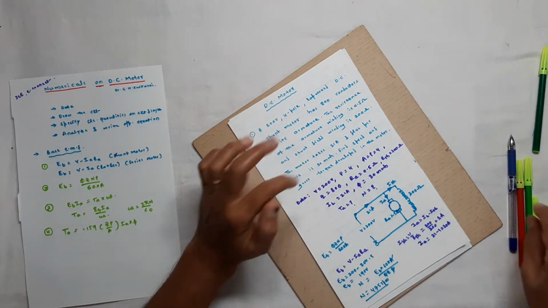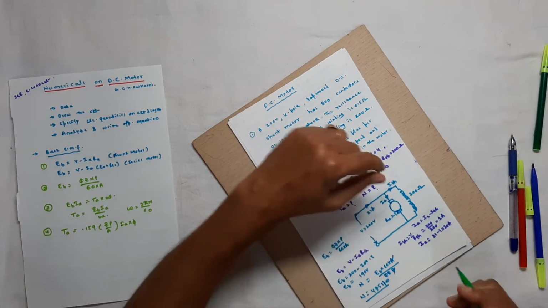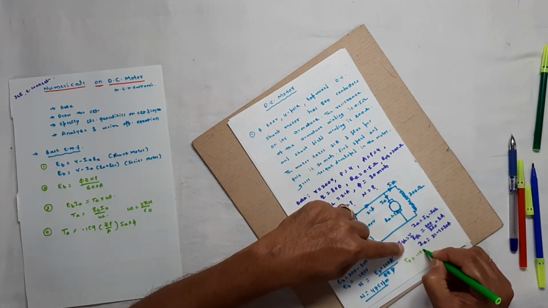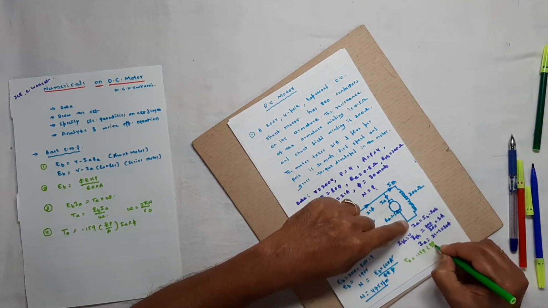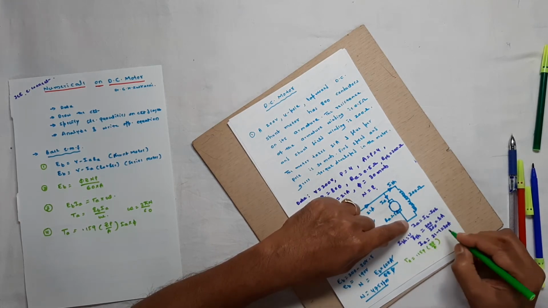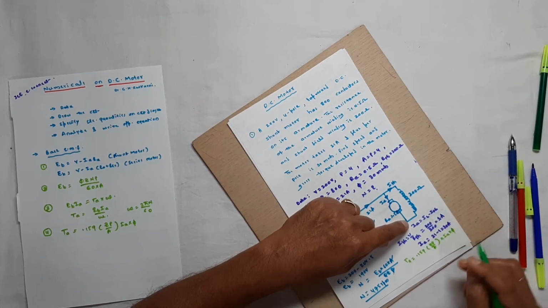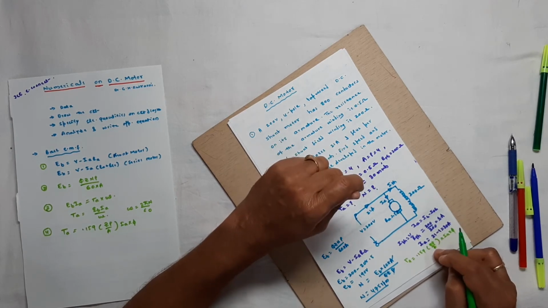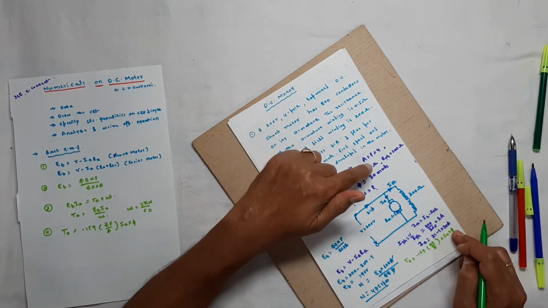The next what he asks is the torque. Then you have to make use of the formula, that is torque is equal to 0.159 ZP by A, IA into phi. Everything is given. That is Z is 800, P is equal to 4, A is equal to 4, IA is 20 amperes, phi is 30 milliweber.